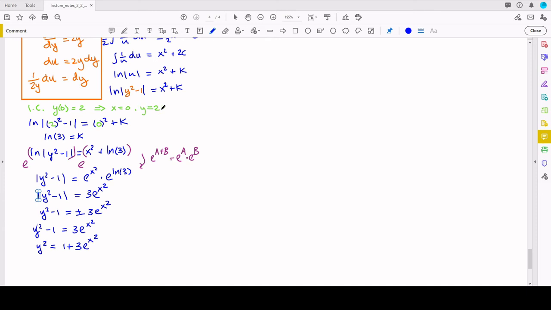Since my y value is positive here, the negative is the incorrect choice. So I get that y equals the square root of 1 plus 3 times e to the power x squared. That solves the first part of this question.